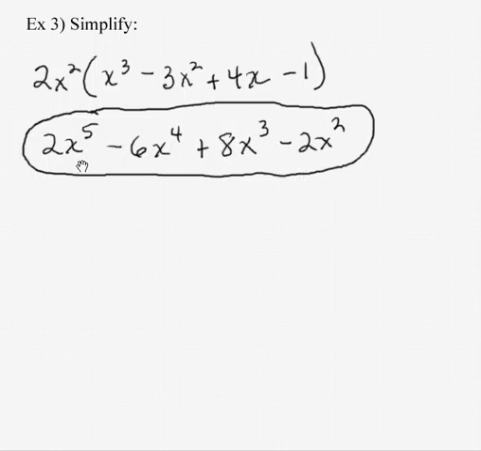And I check to see that my polynomial is in descending powers of x, x to the 5th, x to the 4th, x to the 3rd, x to the 2nd. And we've distributed out a monomial times a polynomial and simplified our answer. And that's our first look at multiplying monomials and a monomial times a polynomial. And please remember those 3 laws of exponents.